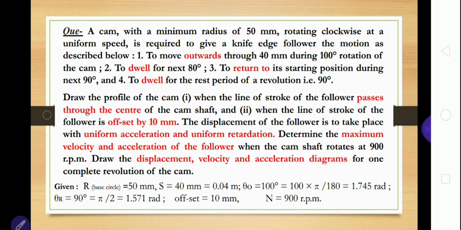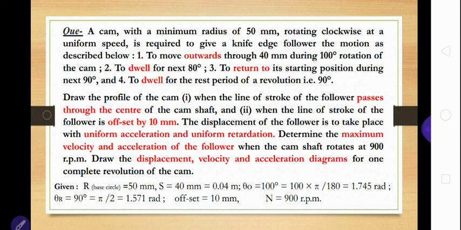The cam is required to give the knife edge follower the motion described below. First, to move outward through 40 mm during 100 degree rotation of the cam. That means the outstroke is 100 degree, theta O equals 100 degree, and the maximum displacement of the follower, S, is 40 mm, the stroke length.